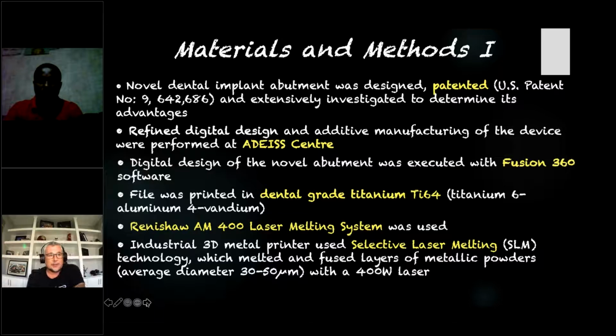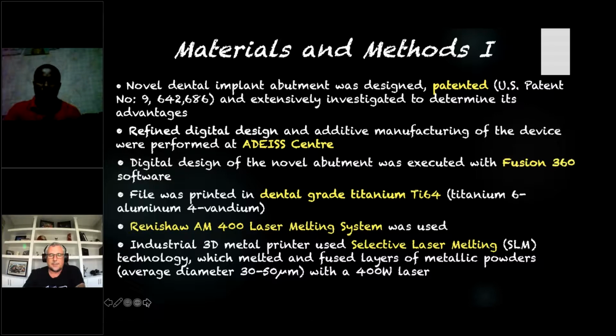So what we did is we created a digital model of the implant abutment, and we refined that optimally. This was all done at a place called the DS, which is here in London, Ontario, and they're an additive manufacturing facility that works with metal. Once we refined that, we went ahead and printed it with TI64, printed with the Renishaw AM400.